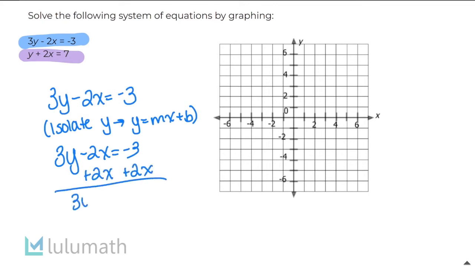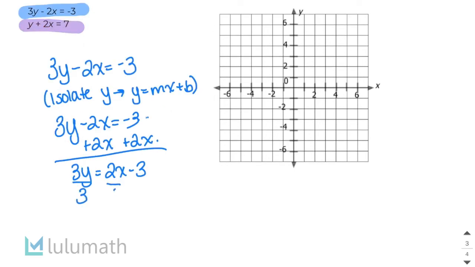So I end up getting 3y equals, these are not like terms, so I'm just going to put it with the x first, so it's 2x and then minus 3. Okay, divide everything through by 3, and I end up getting y equals 2/3 x, because 2 divided by 3 is not going to divide out evenly, minus 1.